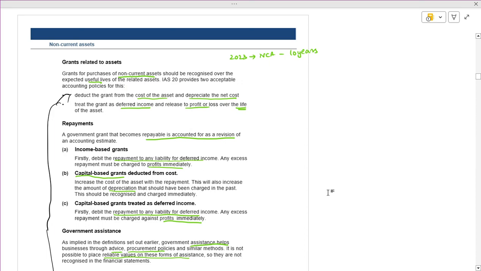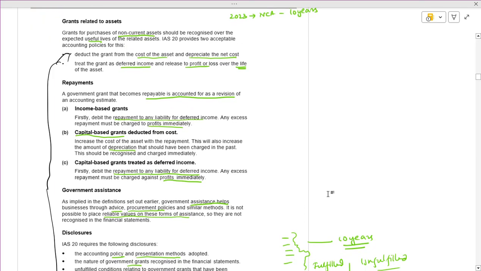Fine. Next one. What they are saying? They are talking in terms of deferred income. Treat the grant as deferred income and release to the profit and loss account over the life of the asset. Over the life of the asset.